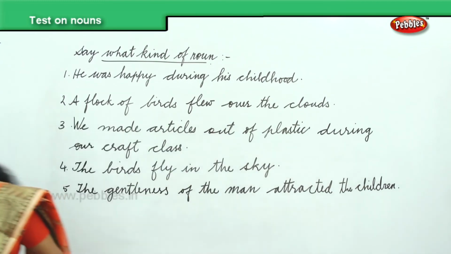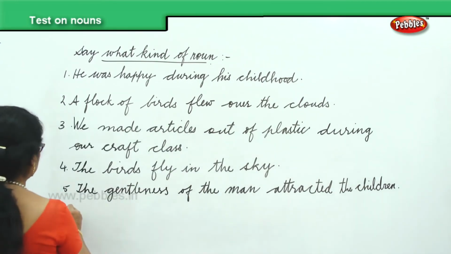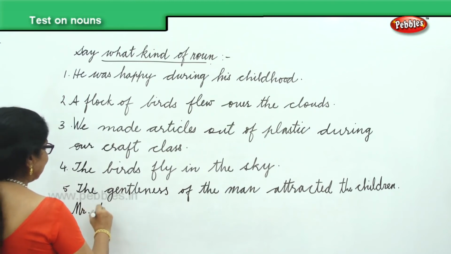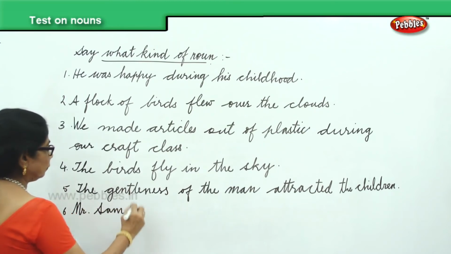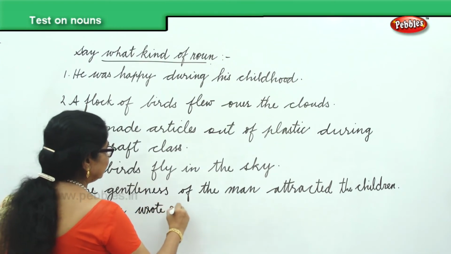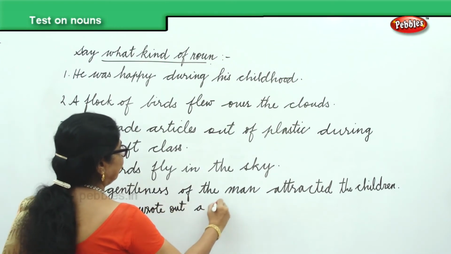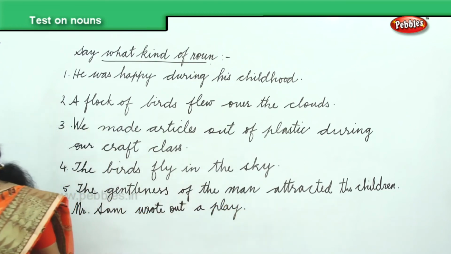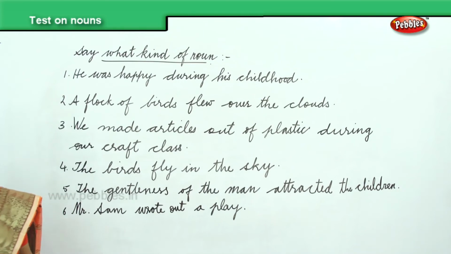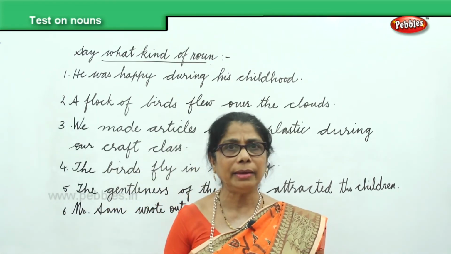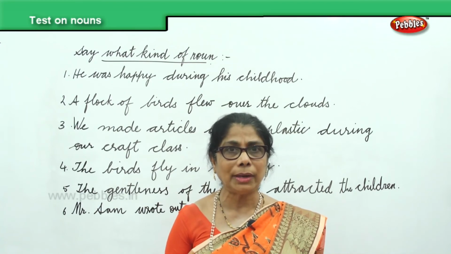Then, Mr. Sam wrote out a play. Now, what are we trying to look at? We are trying to identify kinds of noun and say what kind it is.